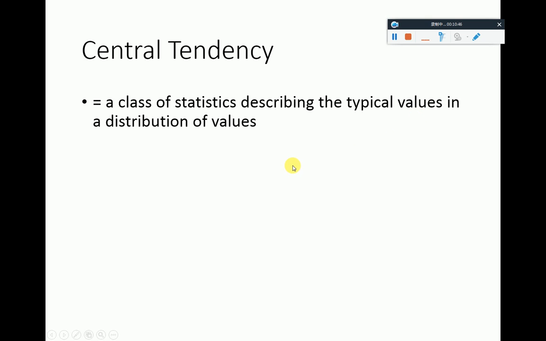For a value to be typical, it could mean one of the following three situations. The first type of central tendency statistic is called mode. When we're looking at mode, being typical means being the most occurring, or a value that occurs the most often.